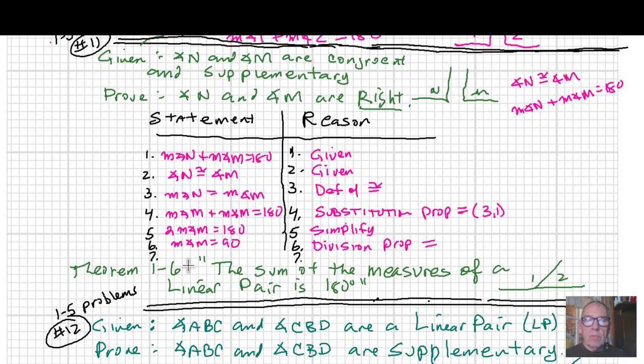Now if the measure of angle M is 90, we can say that angle M is a right angle. And that would be the definition of right angle. A right angle has 90 degrees.